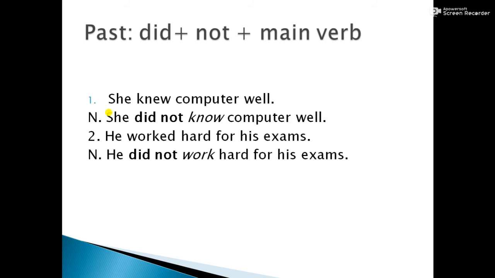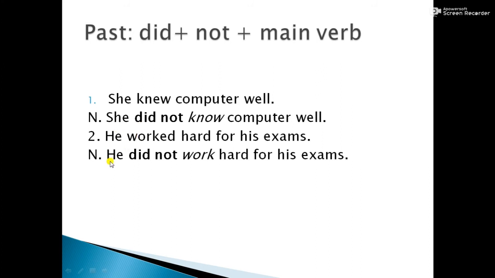Again, look at this sentence. She knew computer well. The negative is she did not know computer well. He worked hard for his exams. Again, the past tense of the main verb is worked.